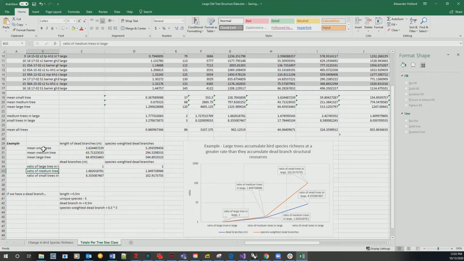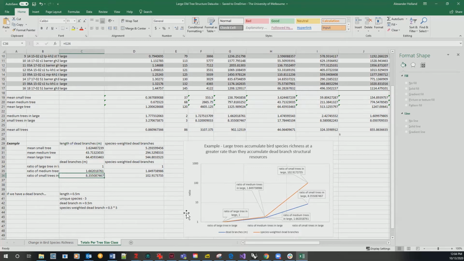So for our ratios, which is simply a large tree divided by the smaller trees, we can see that it takes 1.6 medium trees' dead branches to make up the dead branches in a large tree, and 8.3 small trees' dead branches to make up the cumulative length of dead branches in a large tree.